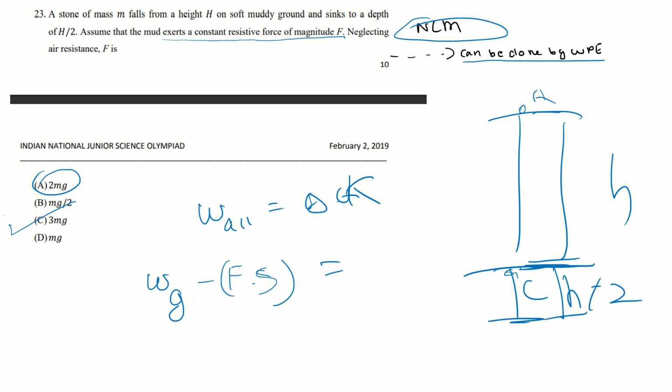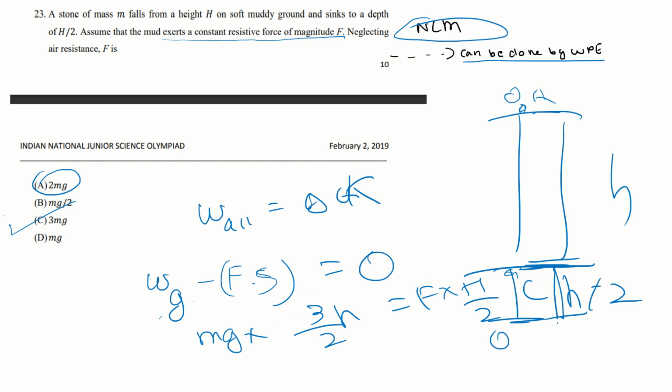Delta K is 0 because here it was 0 and now also here is 0. So work by gravity is mg into 3h by 2. It is equal to F into h by 2 because it's only acting from here to here. So if we cancel this, we get 3 mg is equal to F.